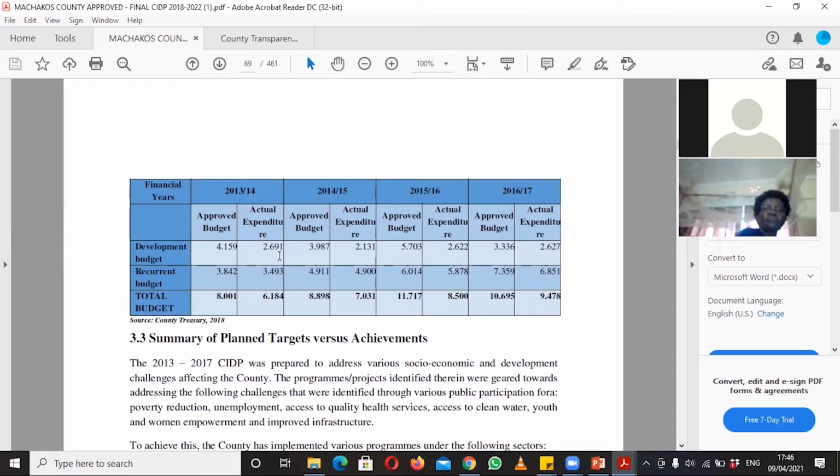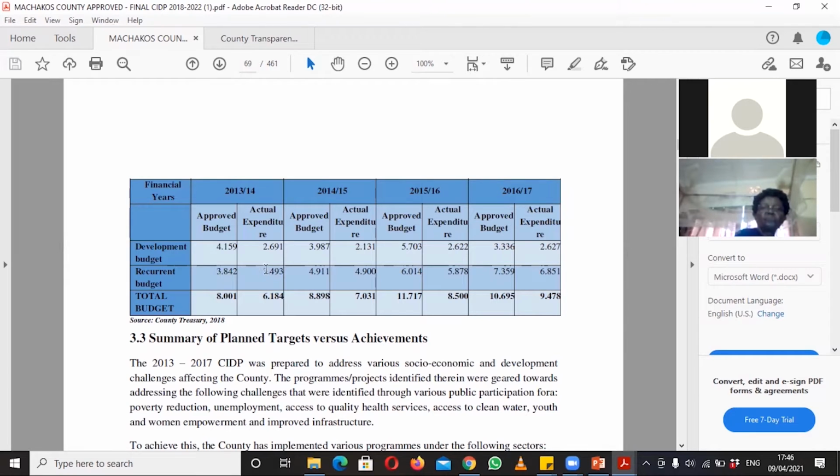That is the development expenditure in financial year 2013-2014. With recurrent, the approved budget was 3.85842 billion, but the actual expenditure was 3.593 billion. So you can see that they are utilizing almost all of the recurrent expenditure, because that is where we find salaries, wages, emoluments.